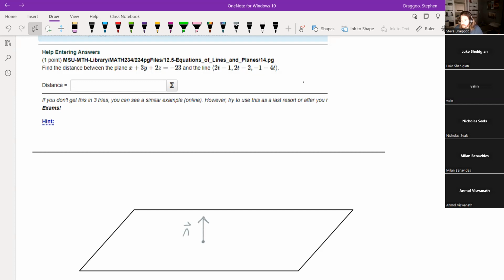So if we wanted to do that check real quick, check to see that the line and the plane are parallel to each other, we would just need to check that the parallel vector for the line is orthogonal to the normal vector for the plane.